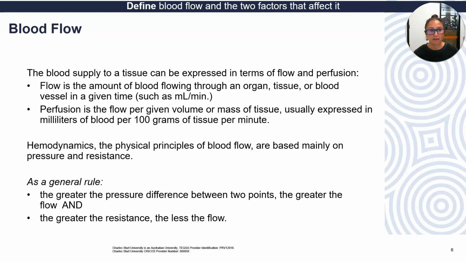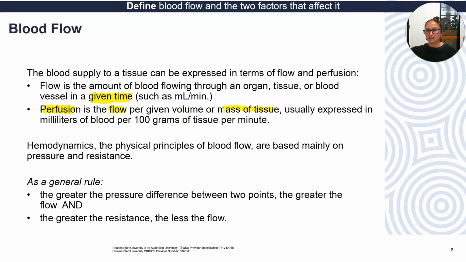So what is blood flow and what is perfusion? Blood flow is how much is going through an organ. This is a time factor. Whereas perfusion is the flow per mass of tissue.